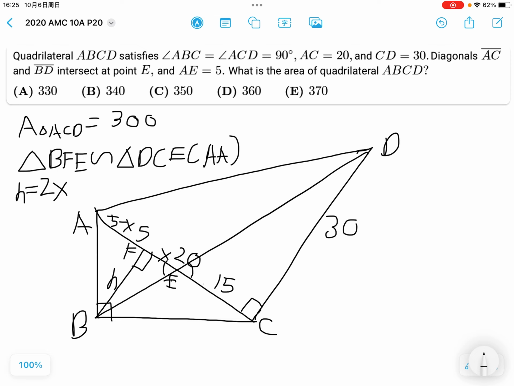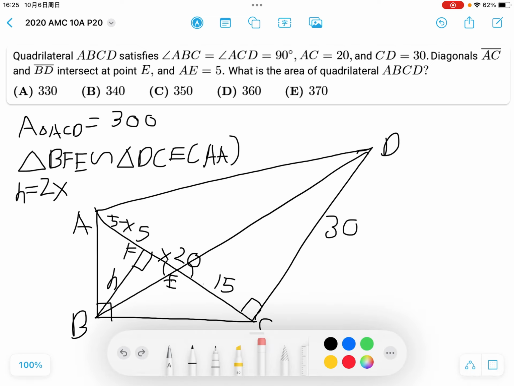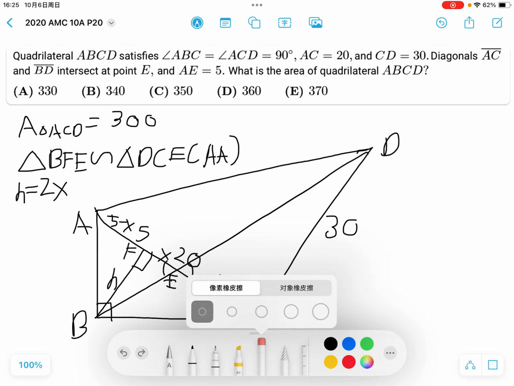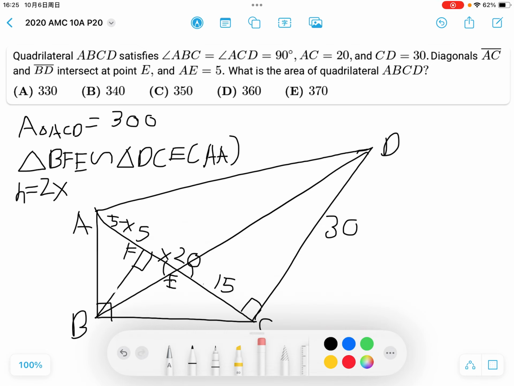So from here we're kind of stuck again. What's the point of knowing h equals 2x? Because now we can't really use anything. We're going to consider trying to list out equations to help us solve for x, because x is like the only variable we need.